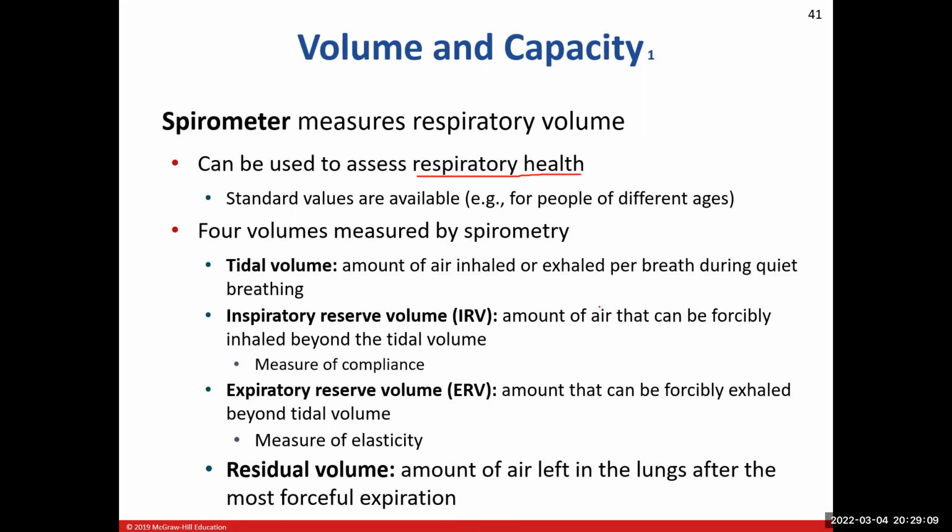Then, if we want to measure the inspiratory reserve volume, all I'm going to ask you to do is take a deep breath in, as big as you can. The inspiratory reserve volume is the amount of air that you take in past the tidal volume. This measures compliance, the ability for your chest wall to expand and for your lungs to expand.